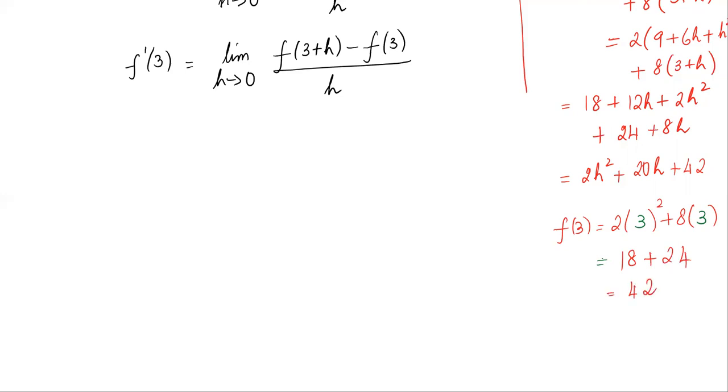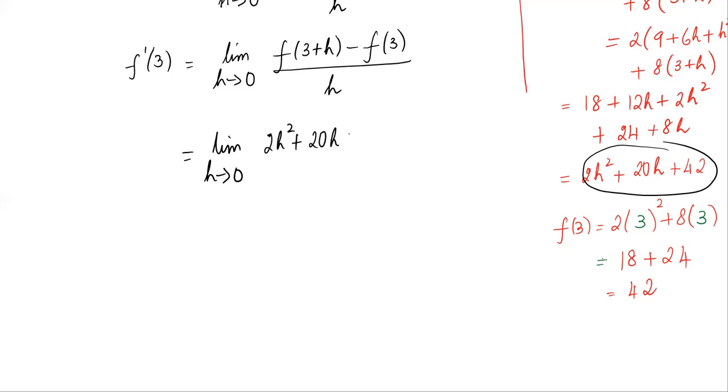So I can come back here and simply enter those values. F of 3 plus h gave me this information. So 2h squared plus 20h plus 42 minus f of 3, which was 42, over h.